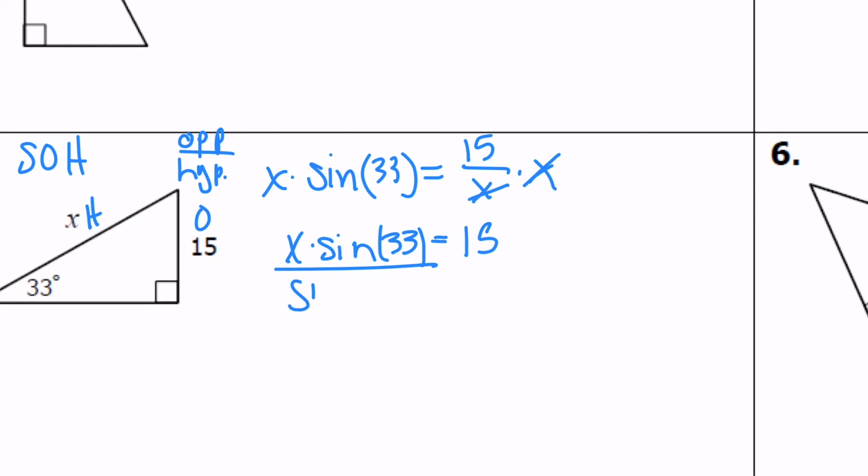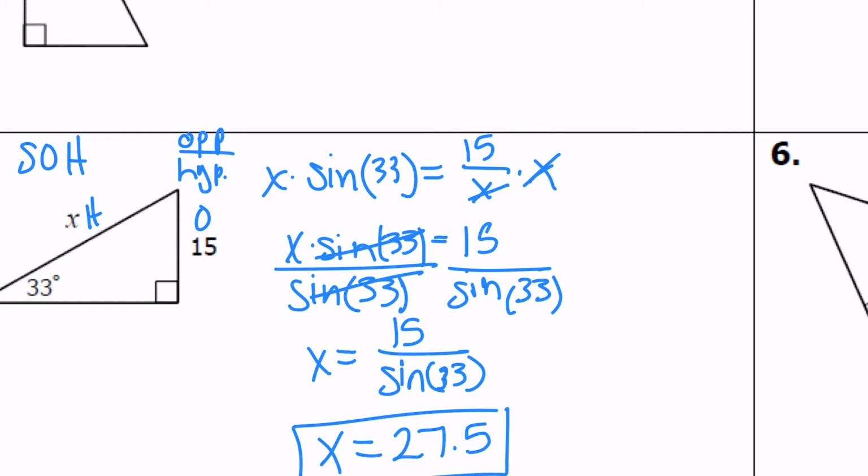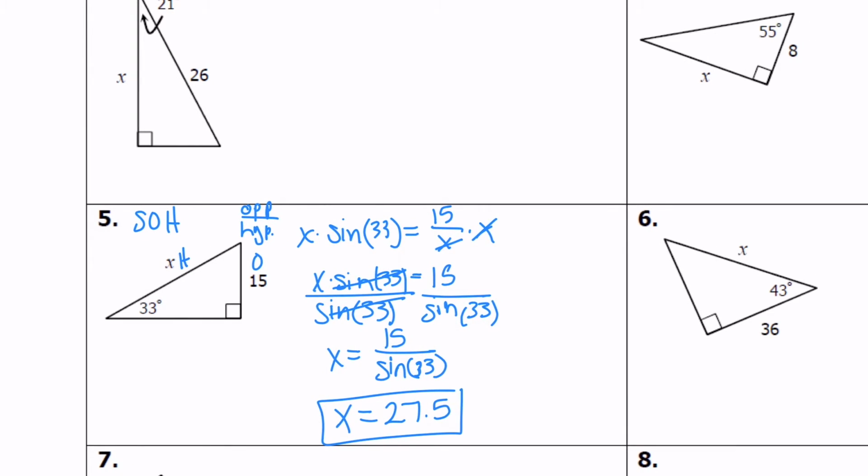Now I can divide by the sine of 33 on both sides, canceling those, leaving me with x equals 15 divided by sine of 33. And now I can put this in my calculator and find x. In this case, x equals 27.5. If you got something different, check your math, check your calculator mode.